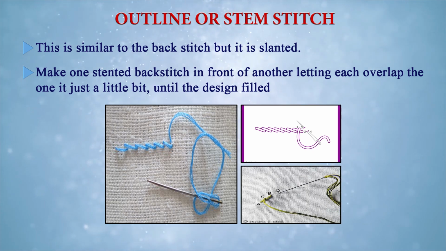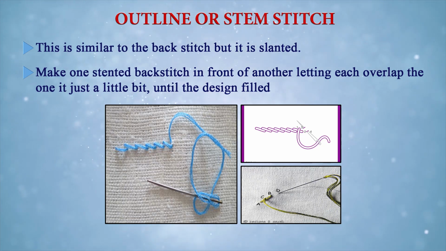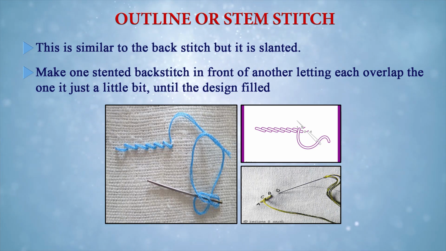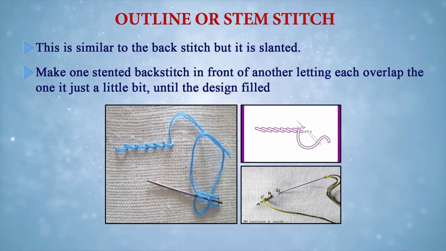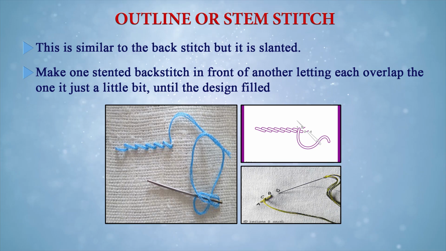As you can see in the picture, it is just like a back stitch, but the back stitch we did was in a straight line, and the stem stitch is a little slanted, not in a straight position on the fabric. By overlapping on the first stitch we have done, we create a stem stitch.